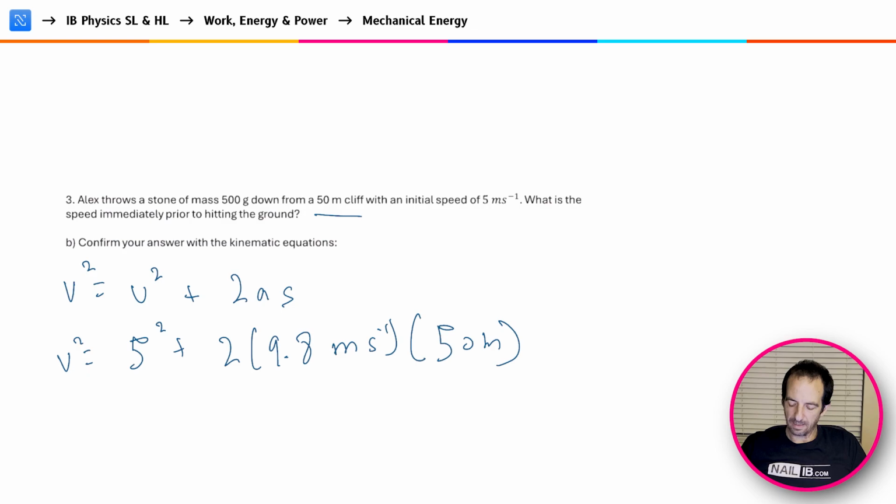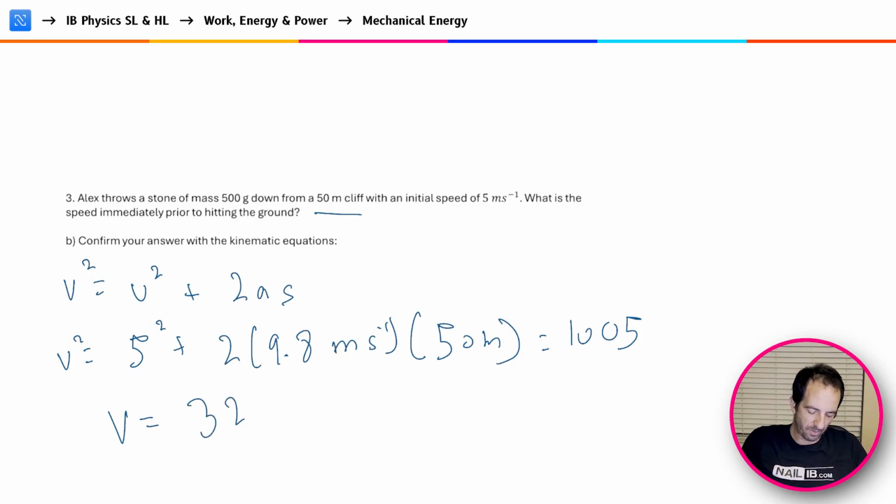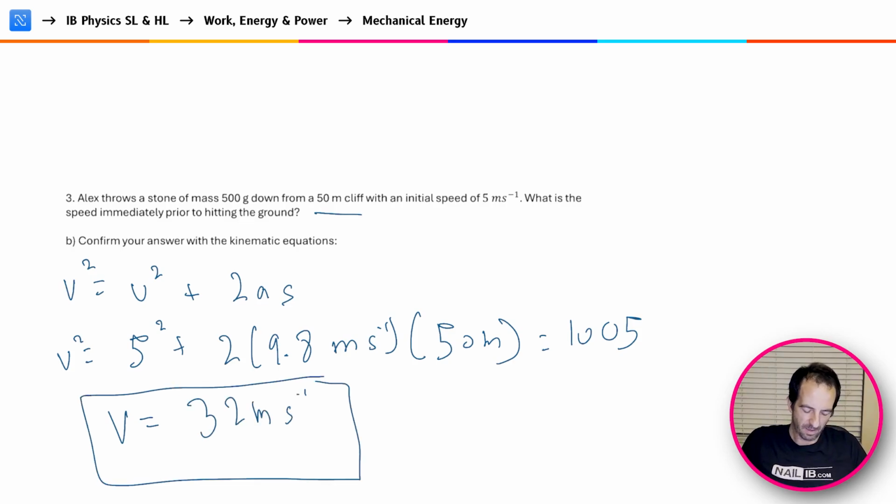And I get essentially the same thing, depending on how we round. So this came out to 1,005. And v by itself is equal to 32 meters per second. The same answer that we had above.